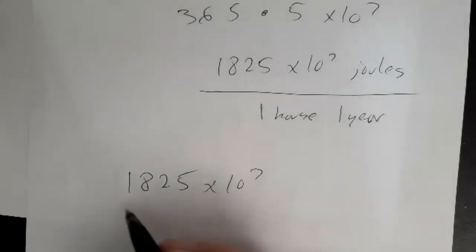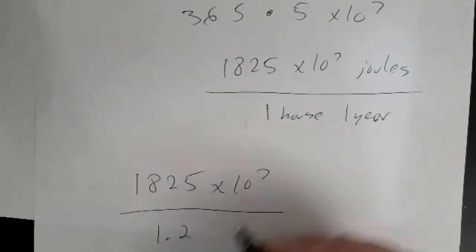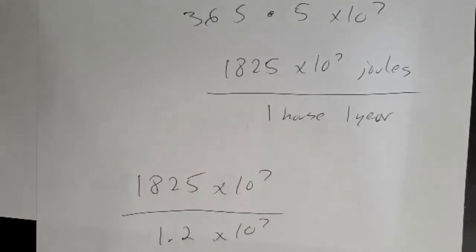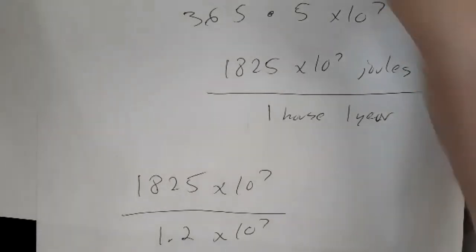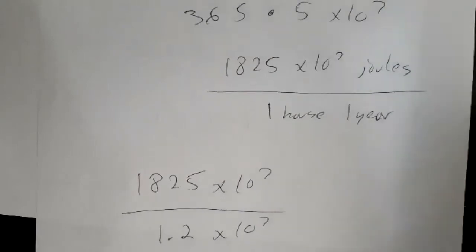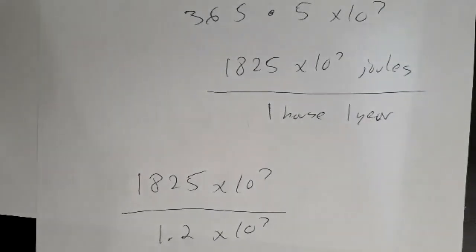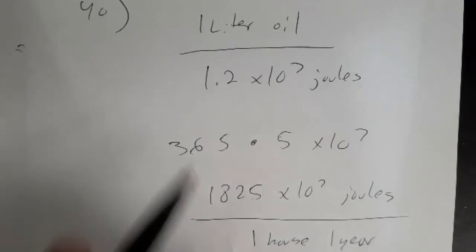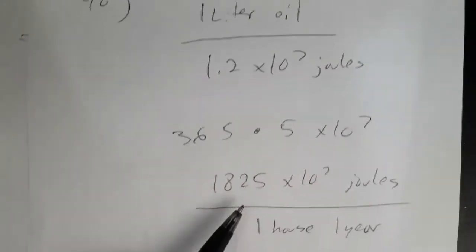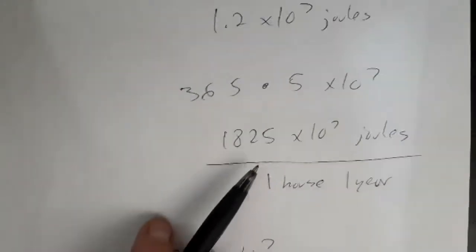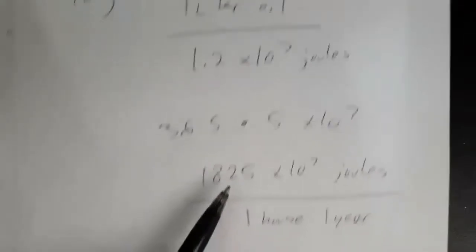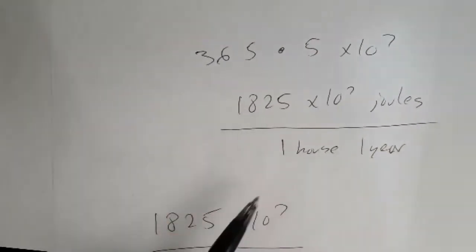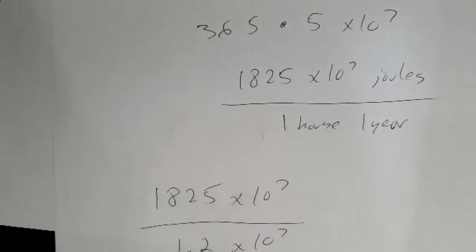So it should look like this thing being divided by this sort of things. And I think if you just write them the way that I have them written out, if we just do this one times this one, right? I think we should be getting the same thing. The joules should simplify out, and we're going to get liters of oil per house per year, right?